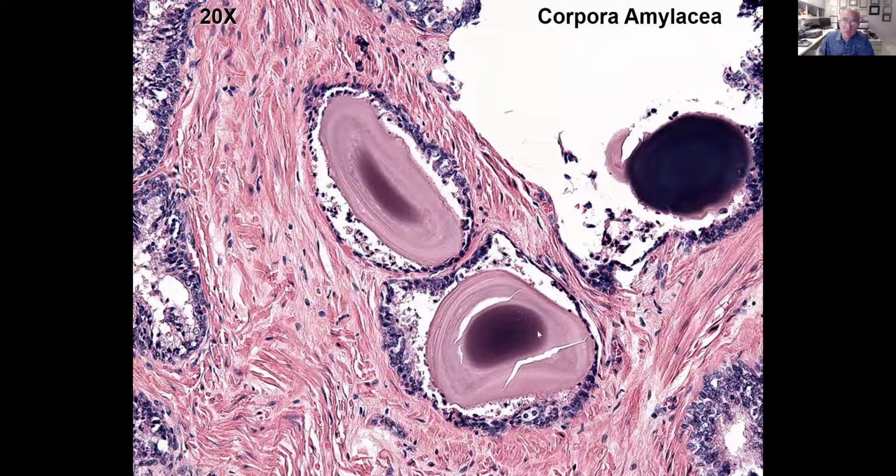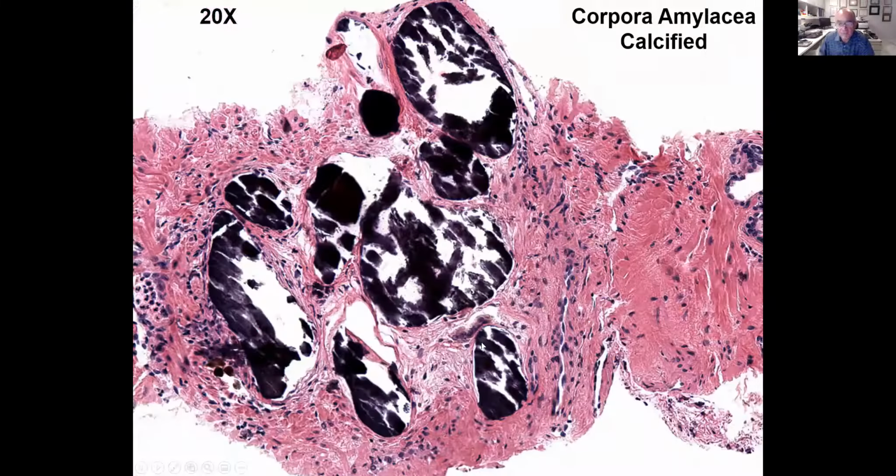These corpora amylaceae take, as I said, many months or years to develop, and usually they are not present inside cancer, because cancer is supposed to be dividing rapidly. And if you see an atypical gland with the presence of this kind of corpora amylaceae, most likely it's going to be a benign process.